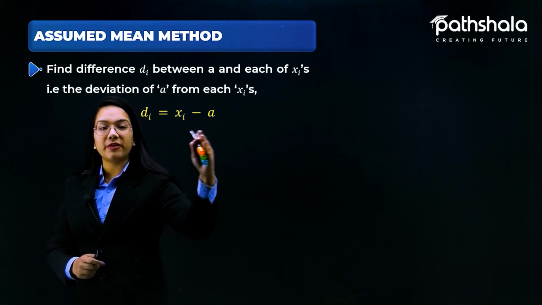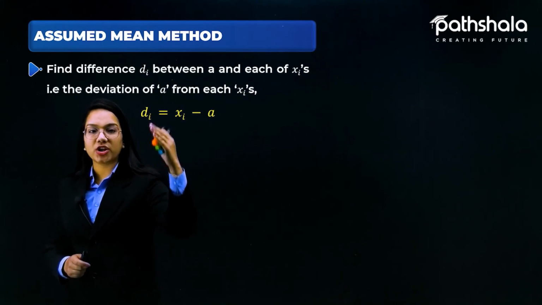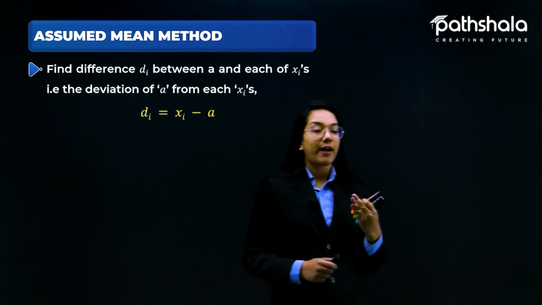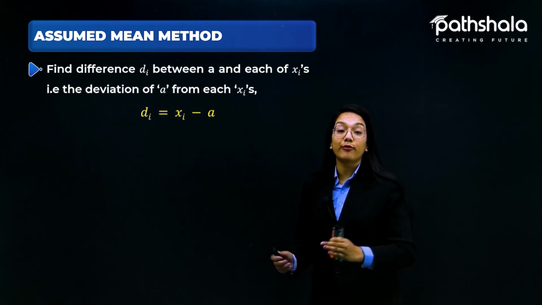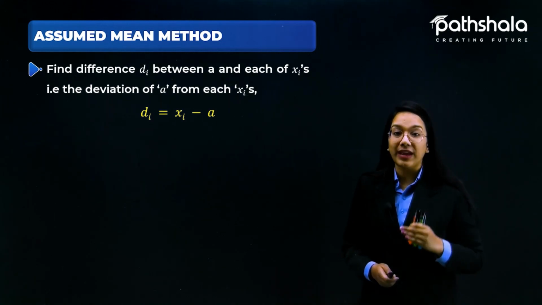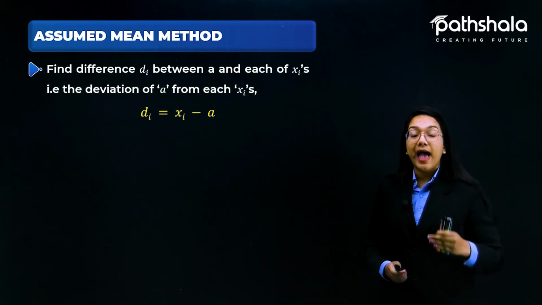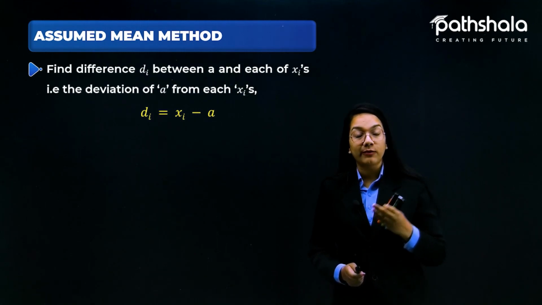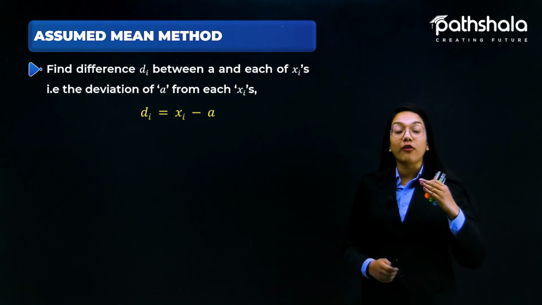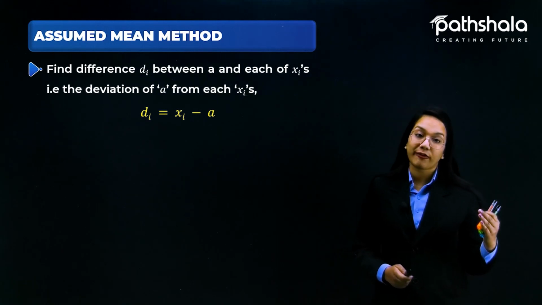The difference between these two is called the deviation of a from each xi. The next step is to calculate di, meaning we form a table of di, which is xi minus a in the assumed mean method, and the next table that we will form should be a table of the product of the deviation di with the frequencies.